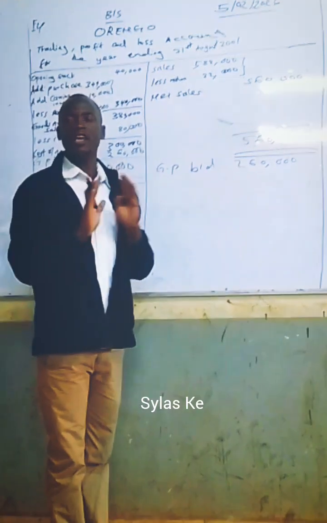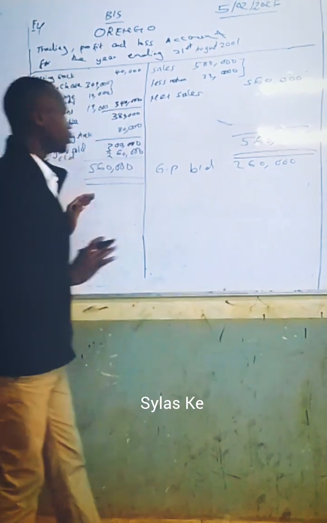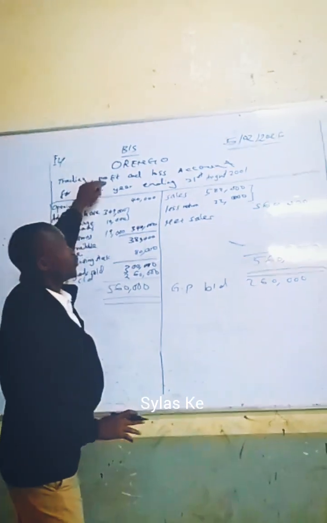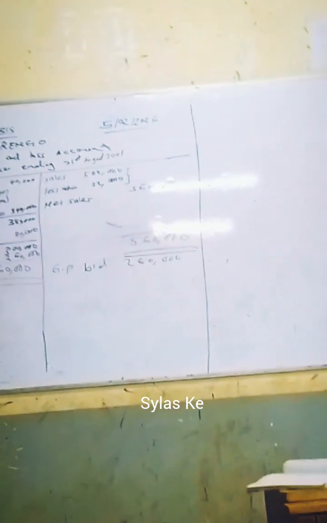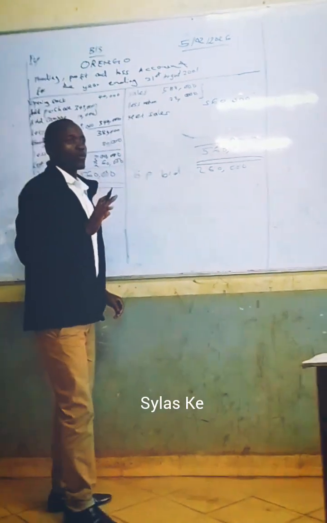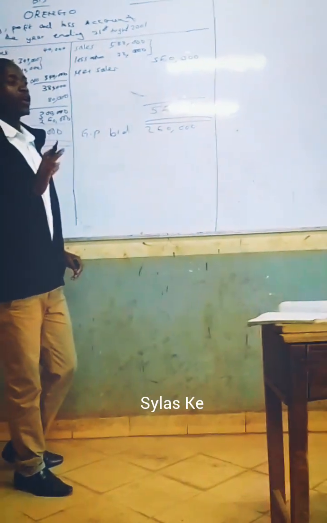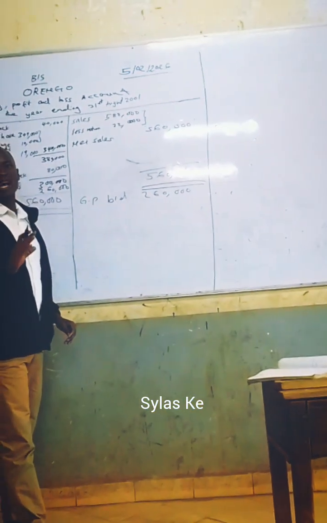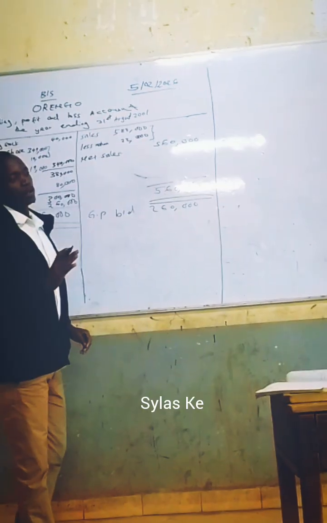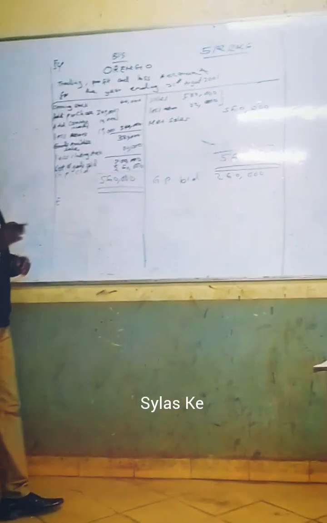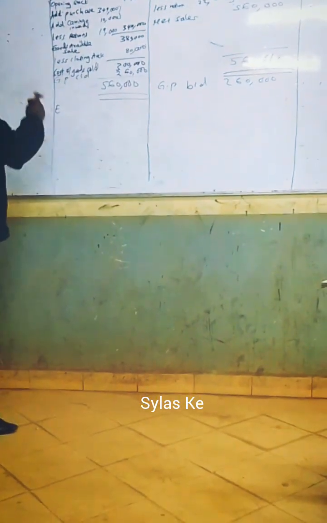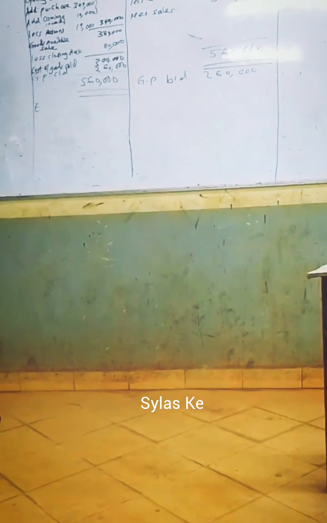That is the trading account prepared. We have not added any expenses or revenues, so we call it a trading account, which only gives us the gross profit. Now we want to add the profit and loss account, which gives the net profit or net loss.